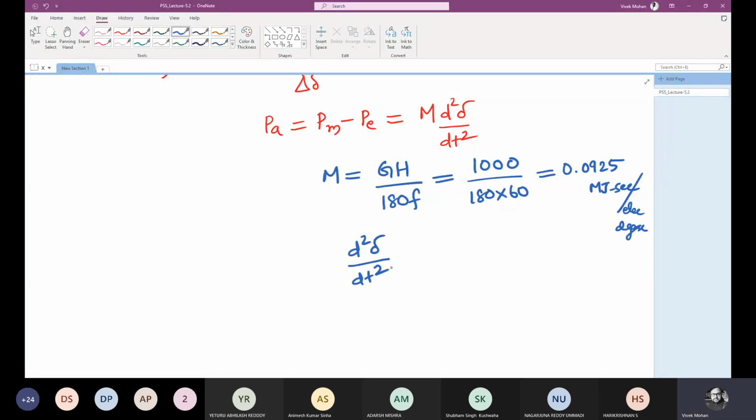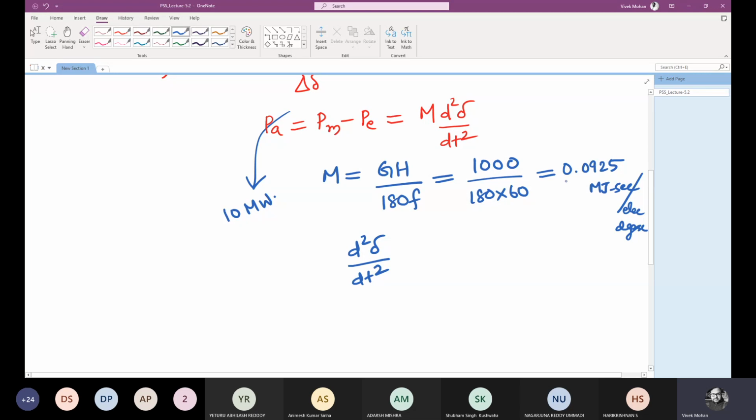In the question, the input to the generator is suddenly raised to 60 megawatts from an electrical load of 50 megawatts, so PA is 10 megawatts.